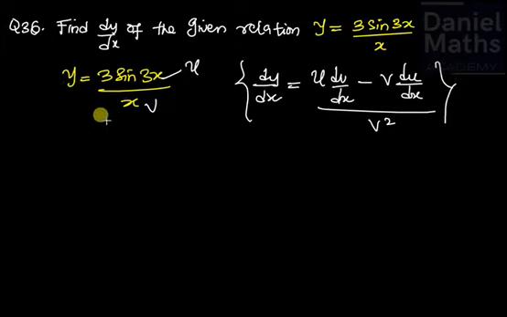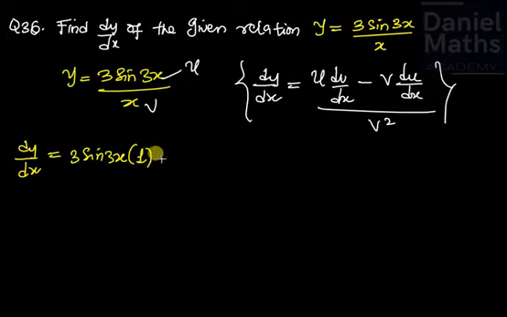So I have from here that dy upon dx is equal to, my u is what? My u is 3 sine 3x, then my dv upon dx, if I differentiate x, I'll get 1. So we've done this over in the quotient rule, just applying this.